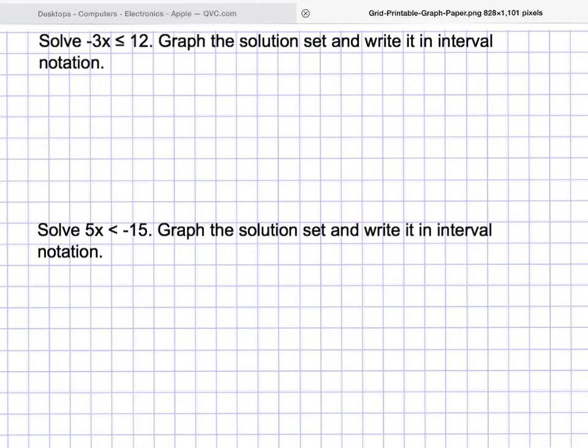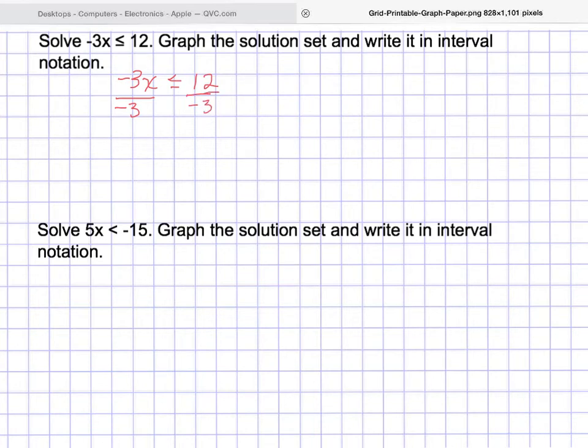Let's look at these inequalities and see if we can solve them. Solve negative 3x is less than or equal to 12. We have to use the multiplication property of inequality here. What do we have to do to get the x by itself? We have to divide by negative 3 on each side.